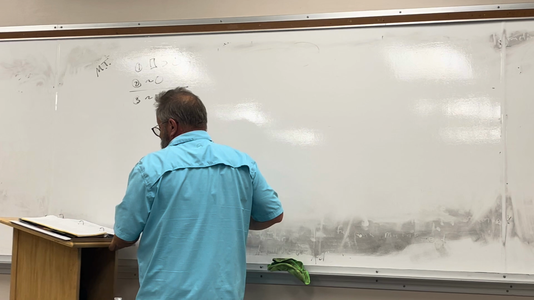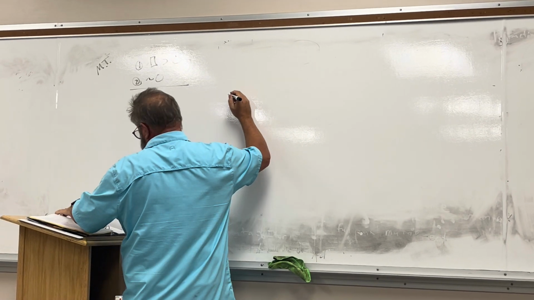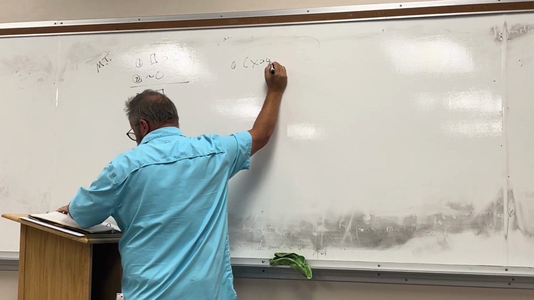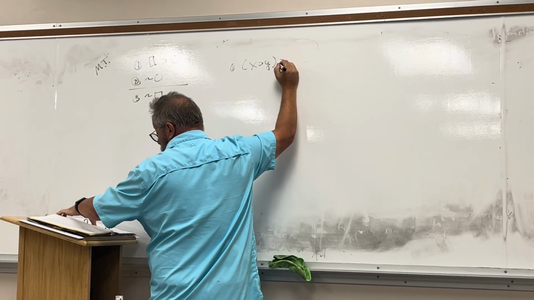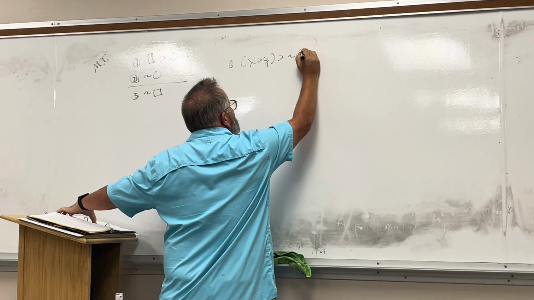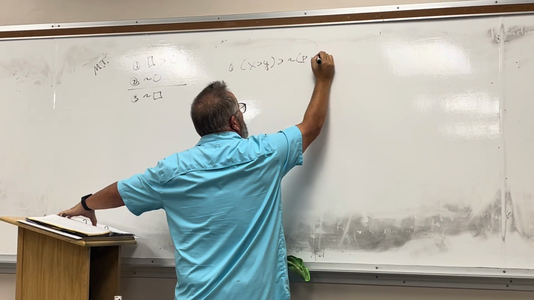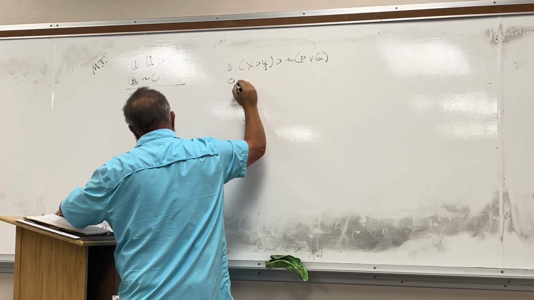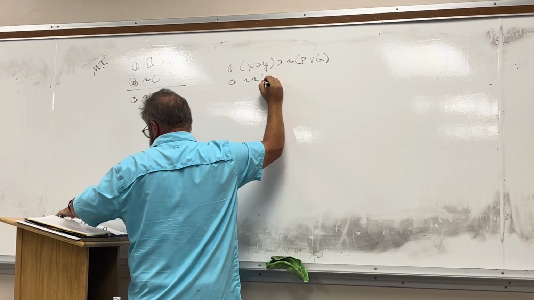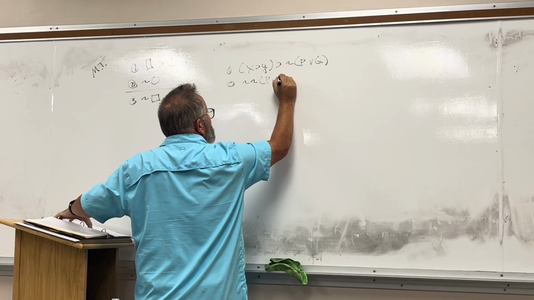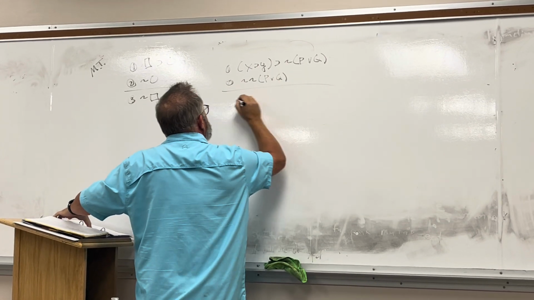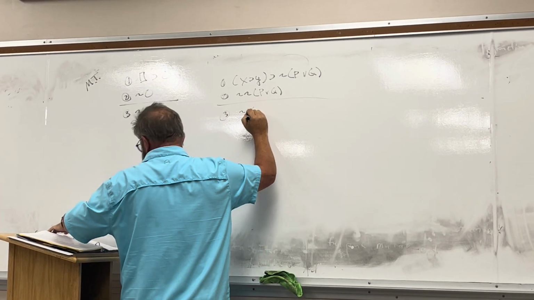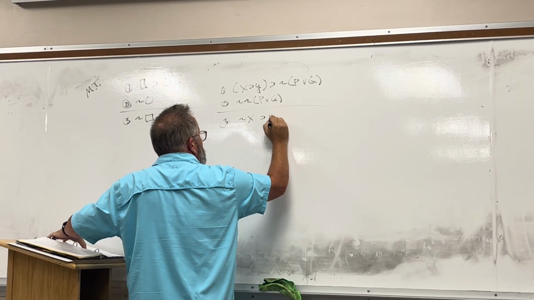So C says X then Y then not P or Q. And 2 says not P or Q, and then it says not X then Y.